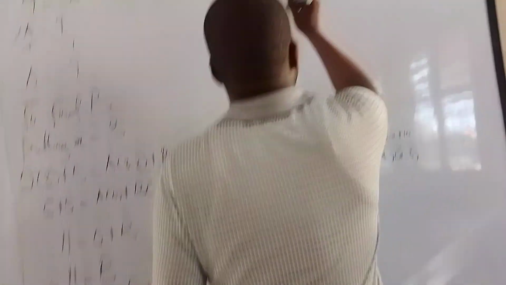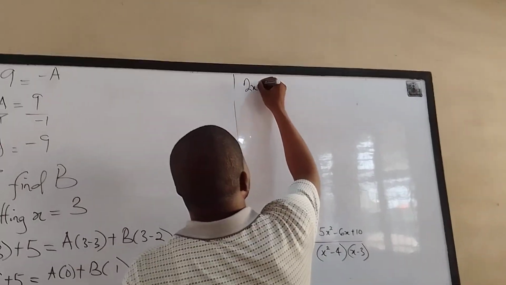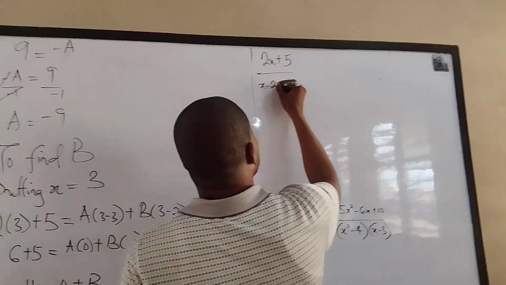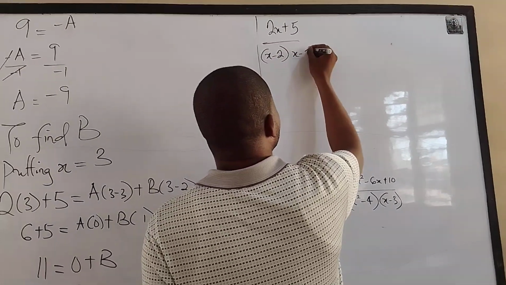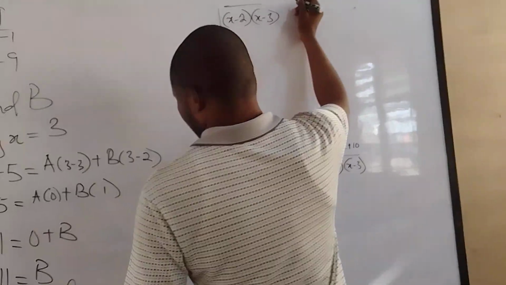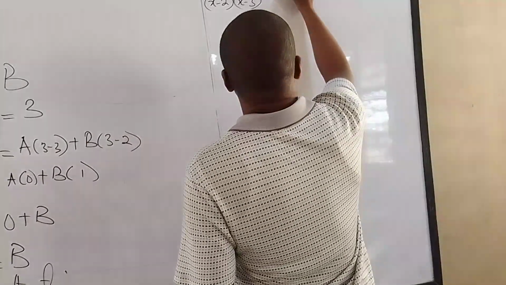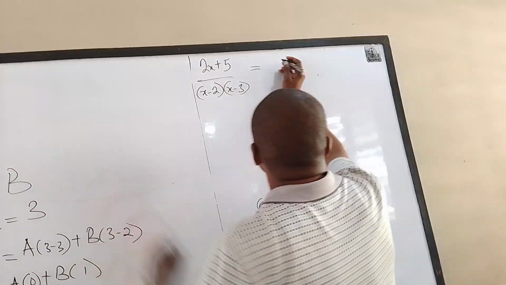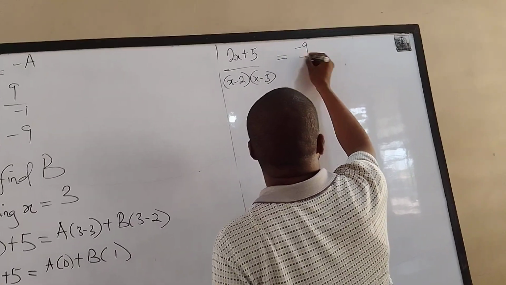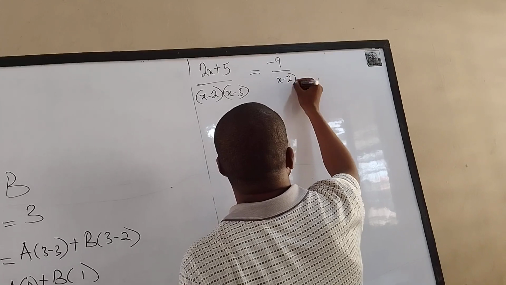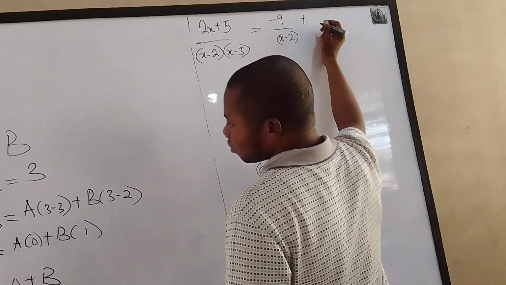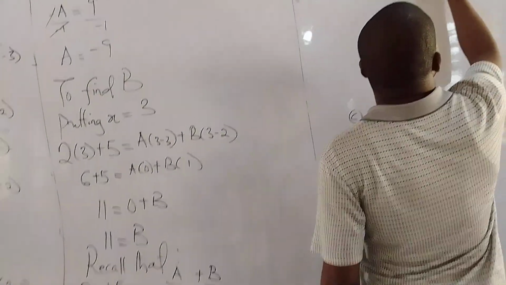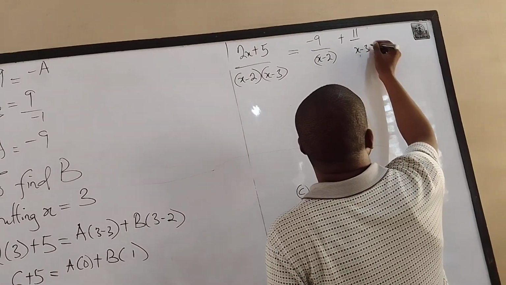So I will record that we find out that 2x plus 5 all over x minus 2, x minus 3 is equal to a. What did we get as our a? From what we saw, our a is minus 9. So we have minus 9 over x minus 2. Then plus b. What do we get as our b? Our b is 11. That is 11 over x minus 3.